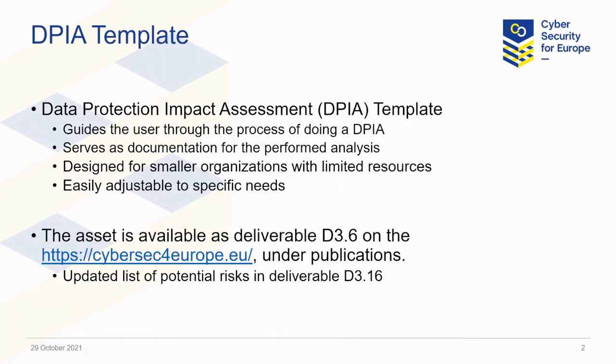The template is designed for smaller organizations with limited resources and is easily adjustable to any specific requirements or needs. The DPIA template was already demonstrated in deliverable D3.13, but because the assessment is largely dependent on the use case, we demonstrate it again here in different circumstances to give potential users multiple distinct examples they can look at when preparing their own assessments.